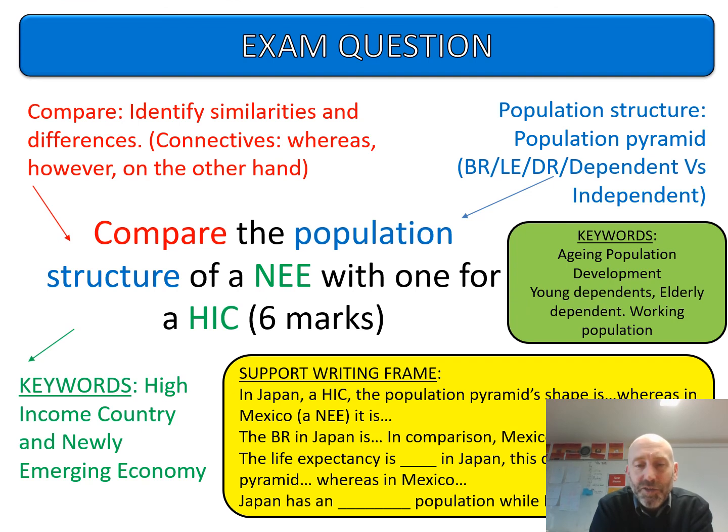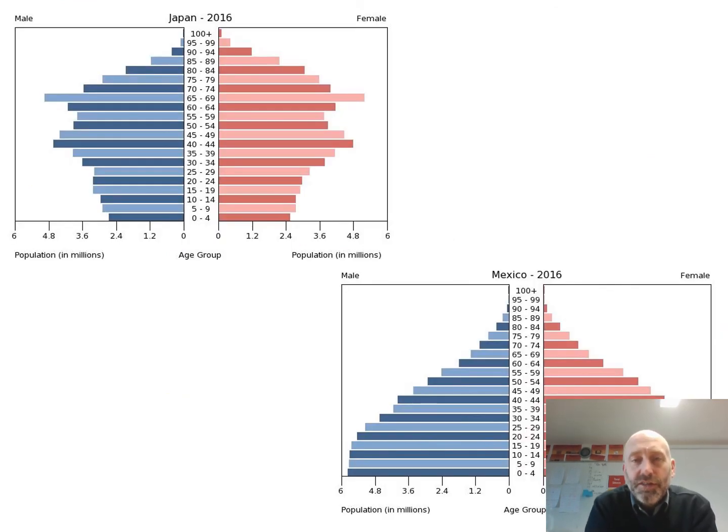And this can be seen on the pyramid by the wider top area, whereas in Mexico. And then Japan has what type of population do we know Japan has? Think about age range, while Mexico's is different. Use the writing frame if you need to. You can flick back to it, or obviously rewind back to it. And this is the question you're going to answer using these two pyramids.